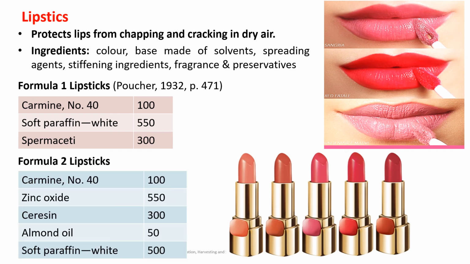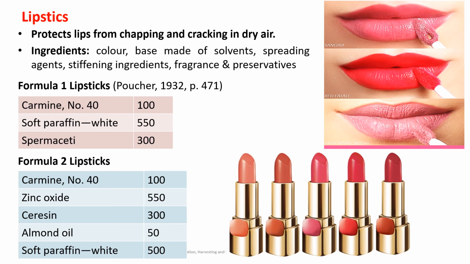Another formula is carmine, the dye, plus zinc oxide. Now here, the role of zinc oxide is similar to that of titanium dioxide, that is, it acts as a sunscreen agent. So lipsticks that contain zinc oxide serve both purposes. Then ceresin, this is a stiffening agent, very similar to hard spermaceti.